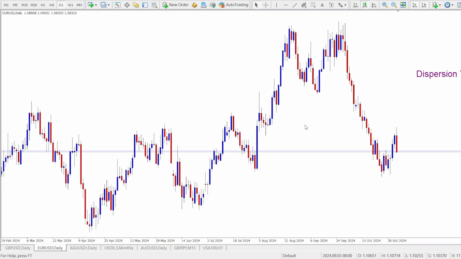Also, start small. Dispersion trading can be complex, so it's best to test it out in a demo account or with low risk trades until you get comfortable. Once you're confident, dispersion trading can be a valuable addition to your toolkit. It's an innovative strategy for traders looking to manage risk and benefit from the intricacies of market behavior.